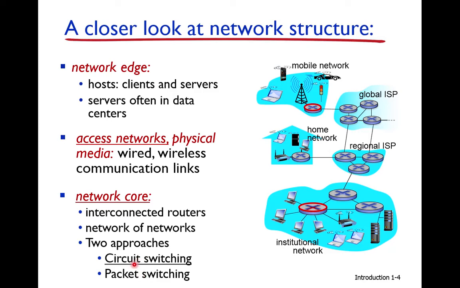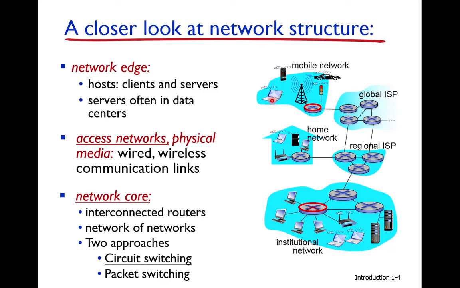So again I would like to emphasize that the internet structure consists of two parts. One is called network edge. The network edge is the part of internet where the host, the end system, is connected to the first router. This is the network edge, access network.